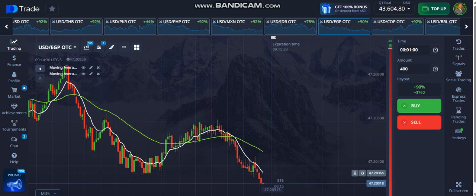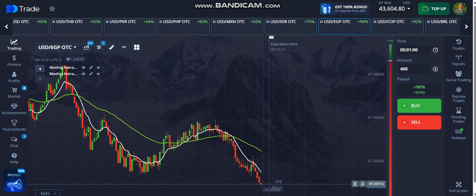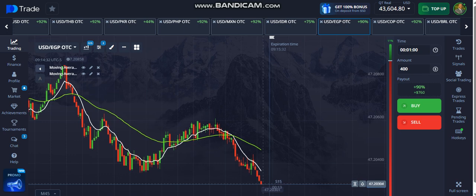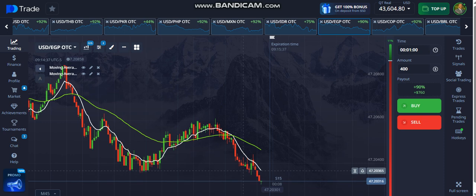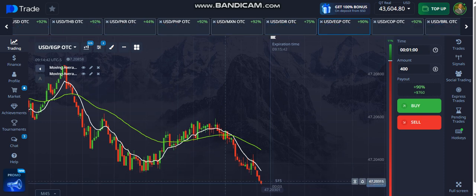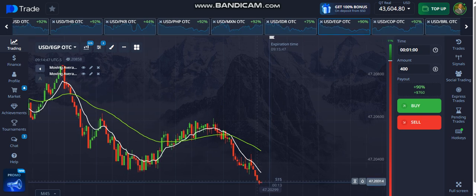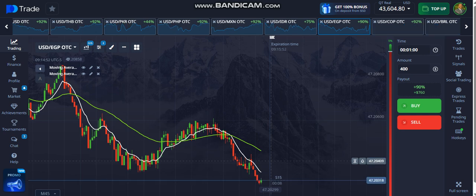And I didn't want to risk the trade, although it may have been a good trade. I kind of wanted to wait for the price to break that level of support, which it did afterwards. So I still didn't take the trade, but that's fine. Let's look for another setup.